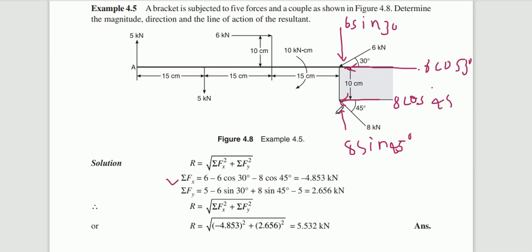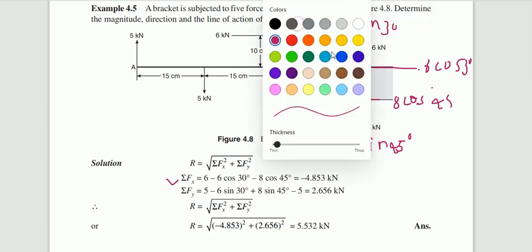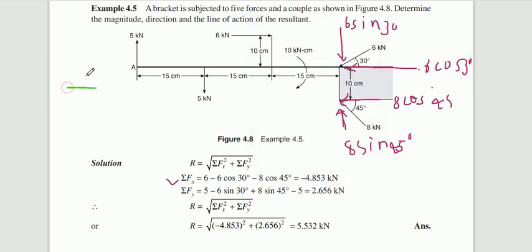Is it clear? Now observe the figure and tell me how many horizontal forces are there. 3. 3 horizontal forces are there. Just consider the direction. We know the directions: this is positive, positive, negative and negative.